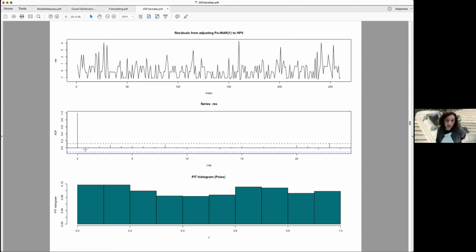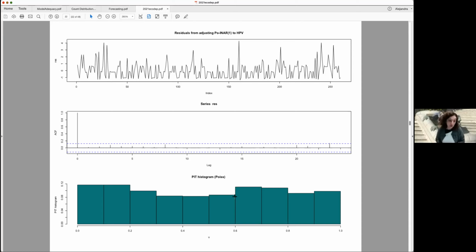And the probability integer histogram should look more like a uniform on 0, 1. So this is not exactly okay. It has this U shape that indicates we have a little over-dispersion in the data that has not been taken into account by the model.